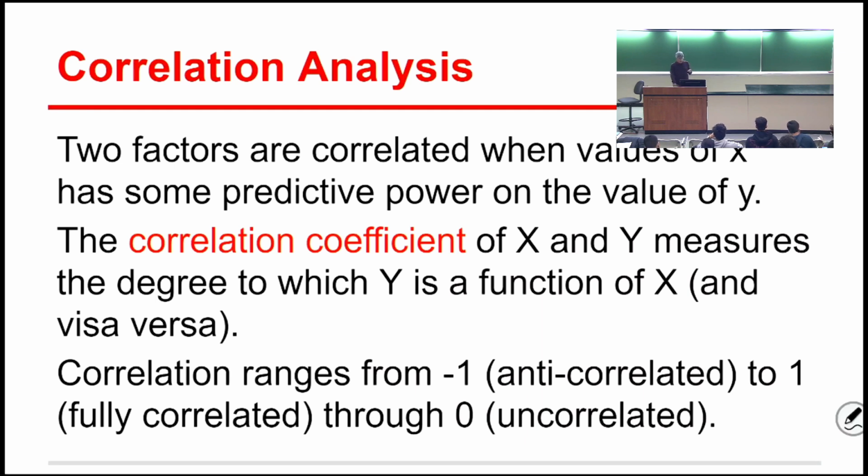But still, they could be perfect predictions of each other. What is an example of a pair of numbers? If I had to give you a sequence of numbers that are perfectly anti-correlated, what would be a good example?